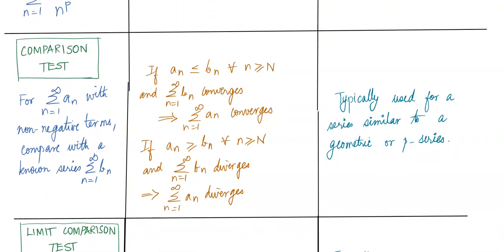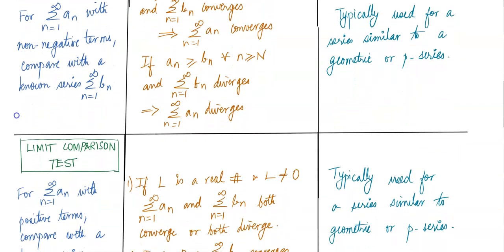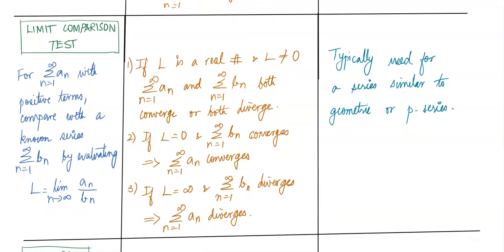You have the comparison test. You will compare the given series with a known series. We have the limit comparison test. Here too we do a comparison, but this time we set it up as a ratio, the limit of the ratio.